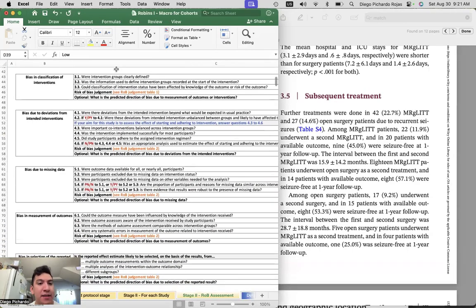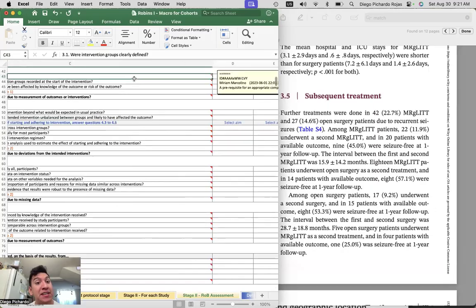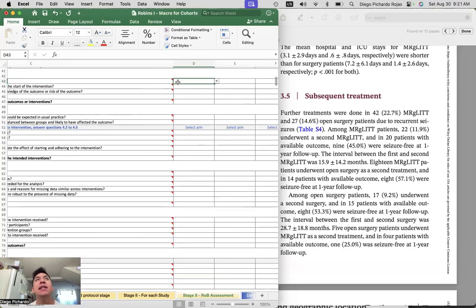Bias in classification. Were the intervention groups clearly defined? Of course, there's a very low risk of cohort bias in surgery, because if we had two different surgeries, it's pretty clear what each group underwent, you know?